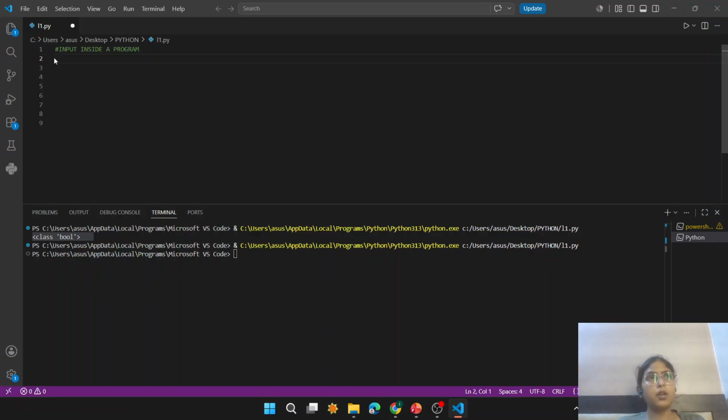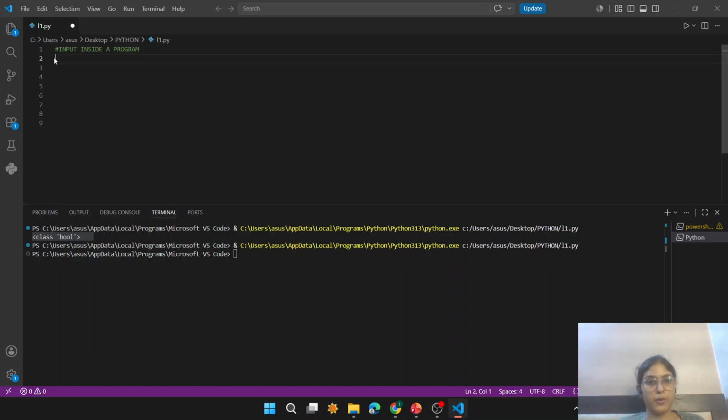For example, if you're creating a calculator, the user has the whole freedom to add any numbers, multiply any numbers or divide any numbers. It won't be that this program will only calculate 20 plus 10. Then what's the use of a calculator, right? So we need to enter some values. For entering that value, we will know the third important function, that is our input function.